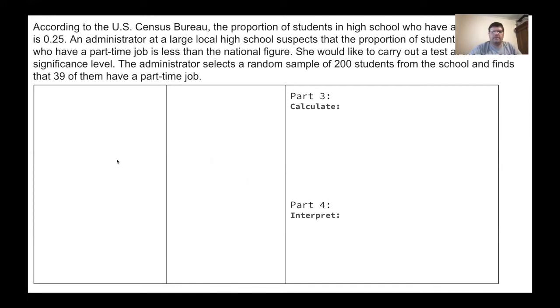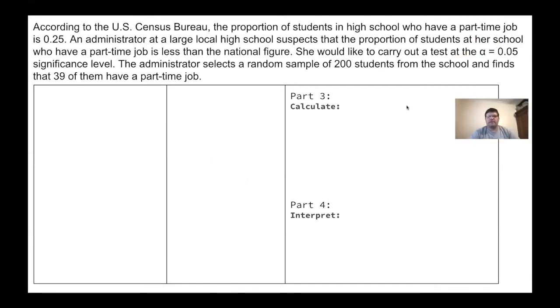There are a couple of things that are animated in there, but my face is in the way. That failed to animate. Anyway, the Census Bureau wants to conduct an experiment to find out how many high school students have a part-time job. It's estimated that number is about 25%. I'm sure that varies, but let's just say they think it's that.